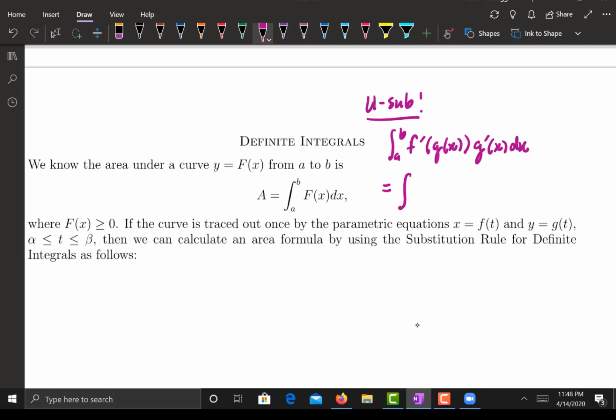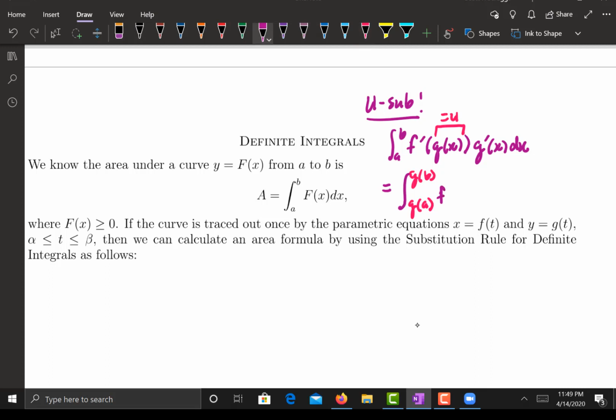Then what we do is, if we let u be that function g of x, then what's happening is we plug in g evaluated at a as my lower bound, and g of my old upper bound as my new upper bound.